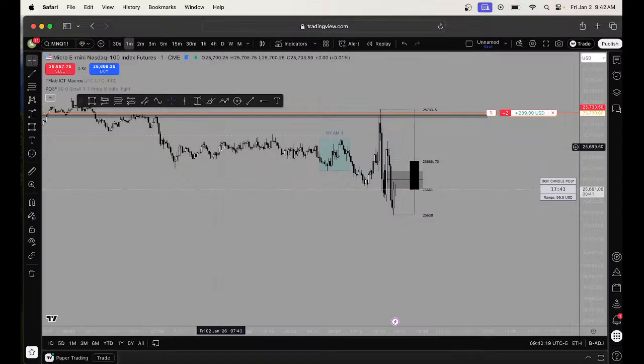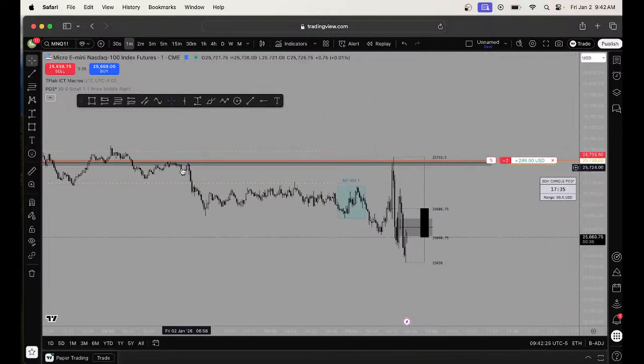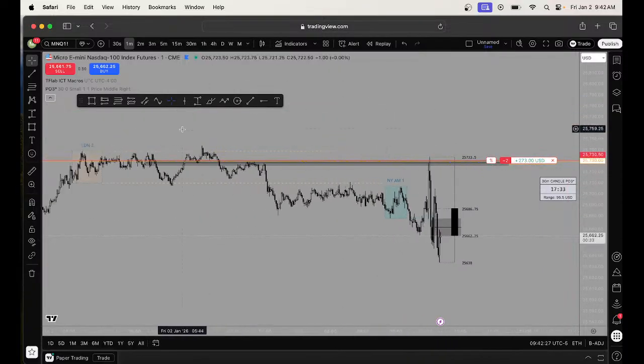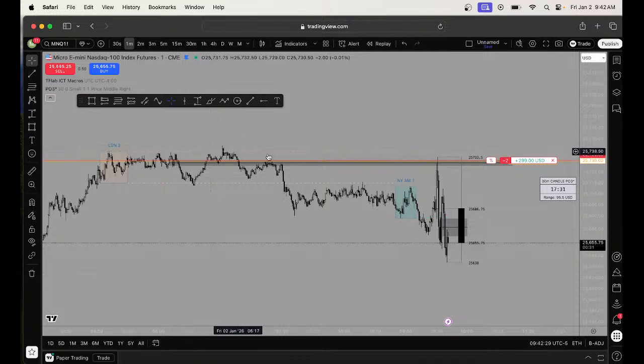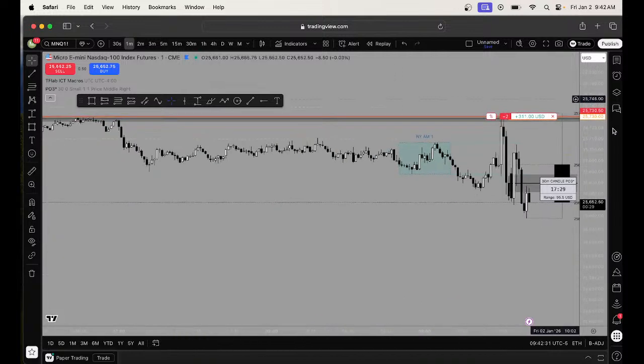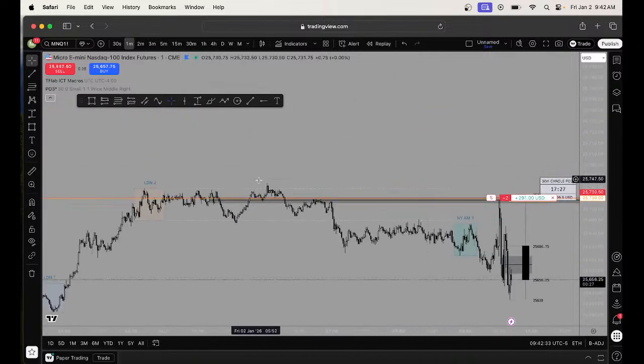Again, like I said, accumulation, manipulation, tapped into a higher time frame value gap, swept these highs, failed to break this high. That high is protected because we're in a bearish downtrend, for the pullback or reversal or whatever. So I didn't want to see it go above this high.